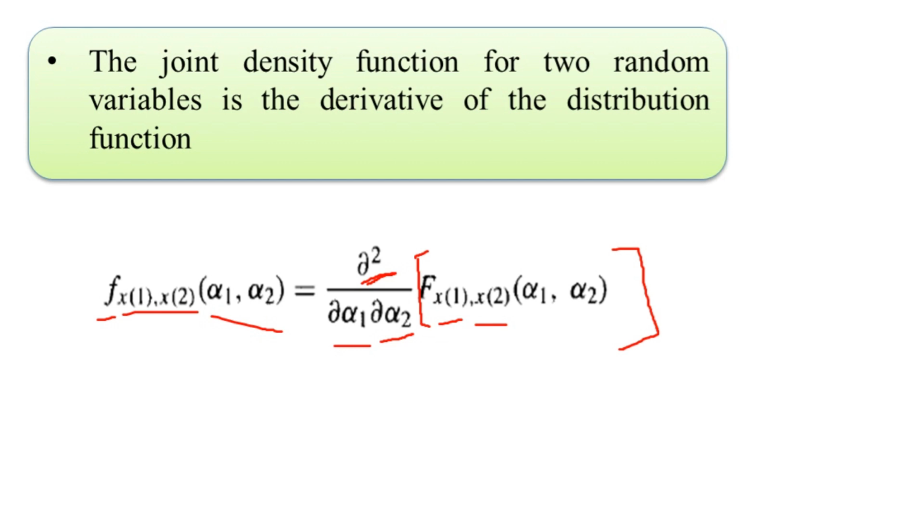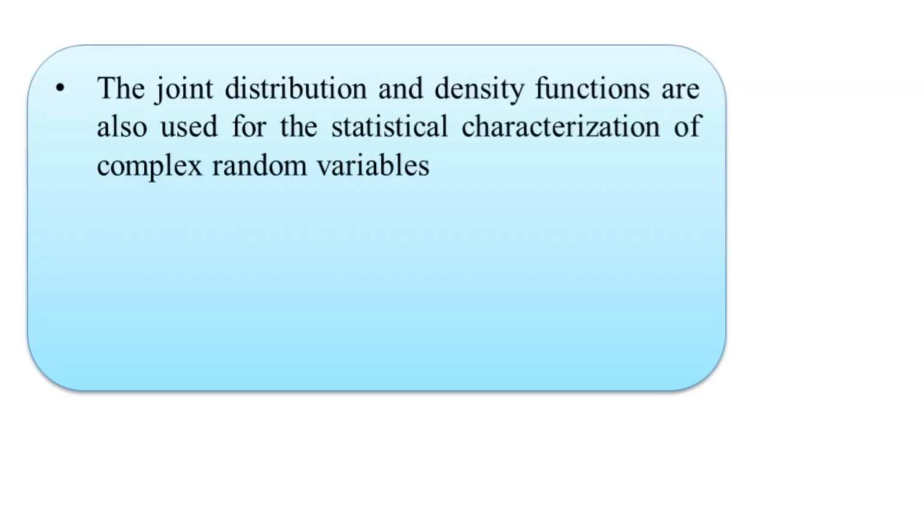So this way we have seen the joint distribution as well as the joint density functions, which can also be extended to more random variables. These two functions are used for the statistical characterization of complex random variables also. A complex variable in general can be represented as the real part plus j times the imaginary part.